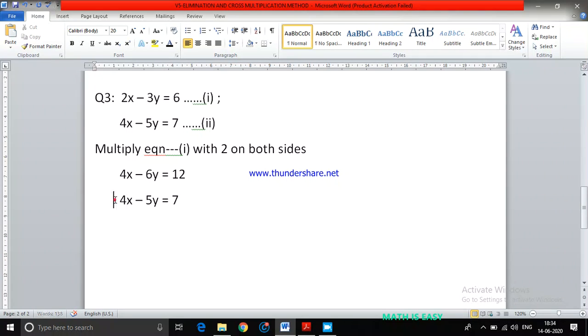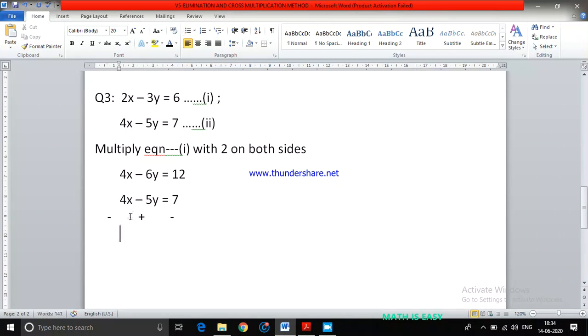When they have the same signs, then here you have to interchange the signs of the second equation. Okay, let's see how you interchange. This plus 4x will become minus 4x. This minus will become plus 5y. And here plus 7 will become minus 7.